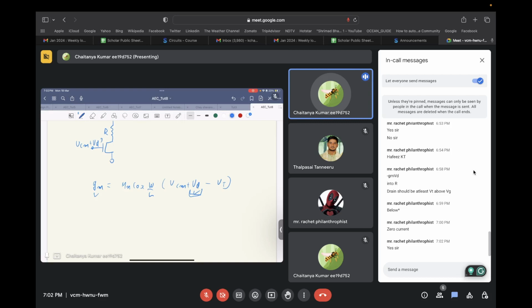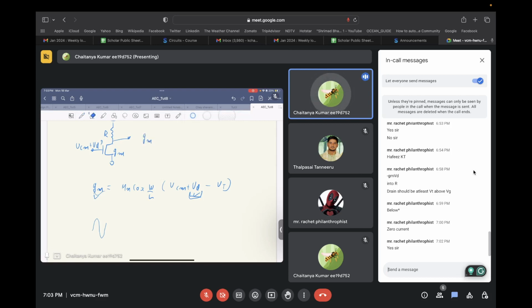So whatever VD changes, GM will also change. And if the circuit parameter is also changing due to the input, the output won't just depend on GM times R.